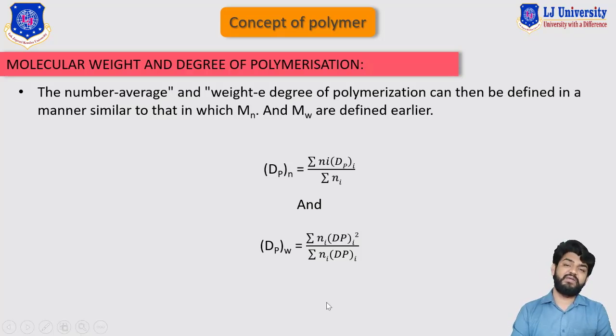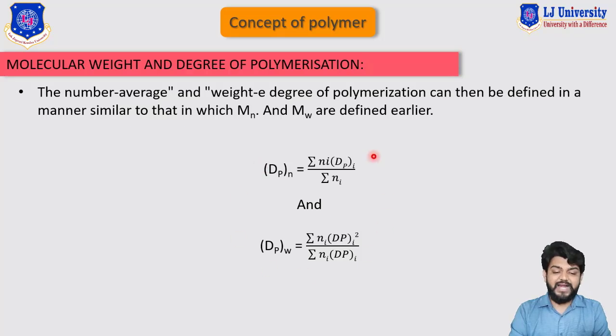Like that we will have dPn, that is number average degree of polymerization, equal to sigma Ni dPi, divided by sigma Ni. And again we will have dPw, which is your weight average degree of polymerization, equal to sigma Ni dPi square, divided by sigma Ni dPi.